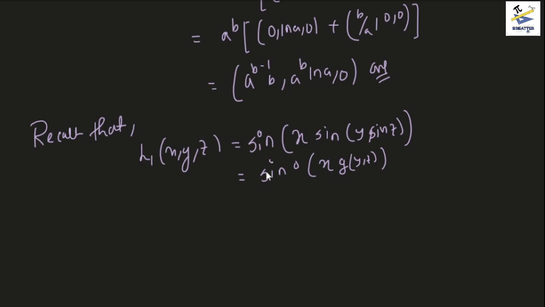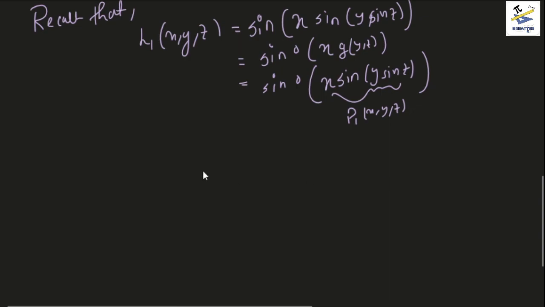So what we are going to do here is evaluate this one by one, and we're trying to do it in parts. So this can be written as sine of the function x sine y sine z, and let us name this function as p1 of x comma y comma z.